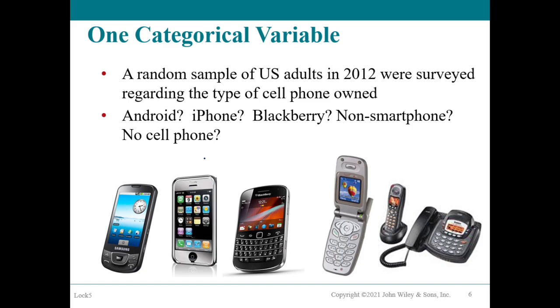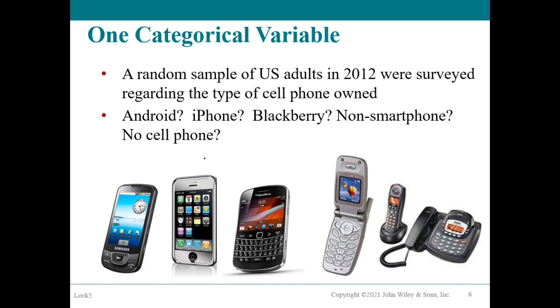All right, so one categorical variable section. Now we'll first start with a simple example. This example is about adults' cell phone usage in 2012, which is about a decade ago. At the time we had Android, iPhone, BlackBerry, non-smartphone, and no cell phone, something like that.